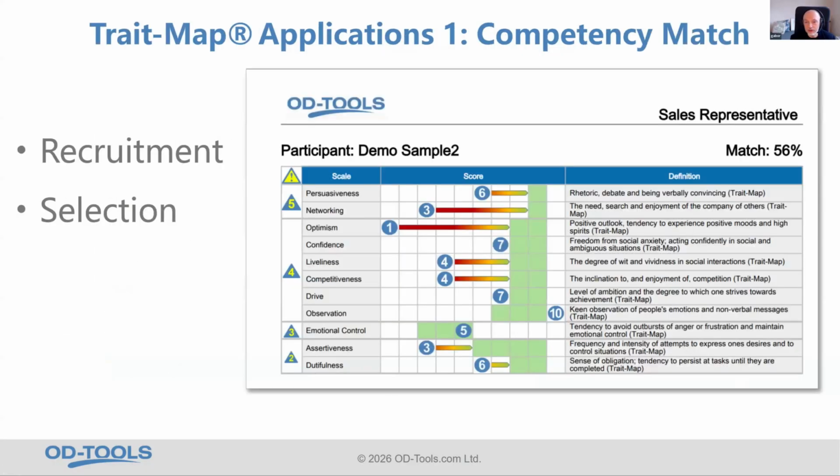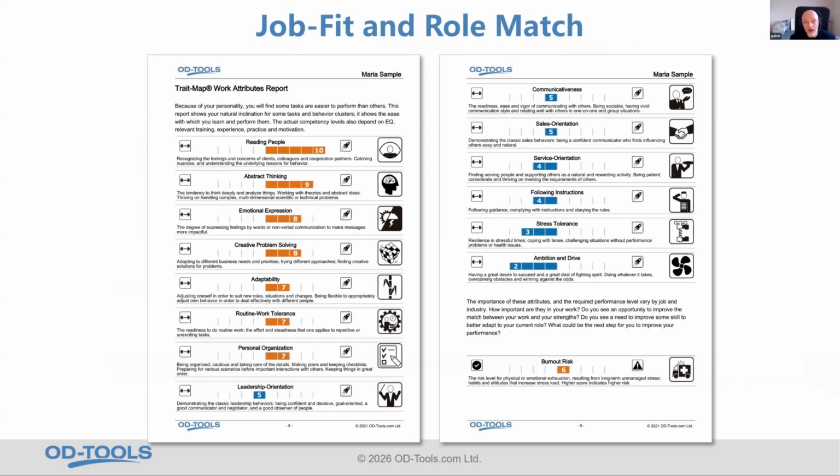About the reports, we provide a competency match report, which compares your profile with an ideal profile for a certain role. It can provide work attributes, which show which competencies are more natural to you and which ones need more effort and more skills.